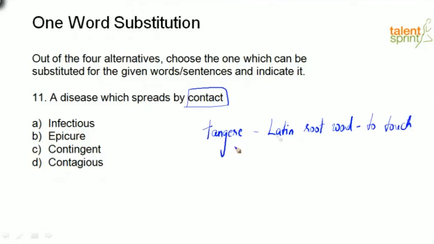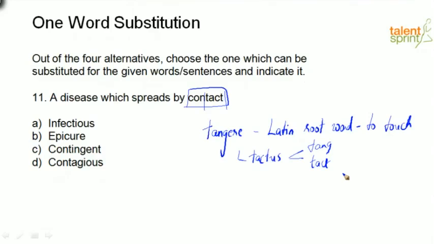So the form is actually tactus, T-A-C-T-U-S. So you will get two root words from this, which is tang and tact. So we have this right here. To touch. So it's something to do with touching.